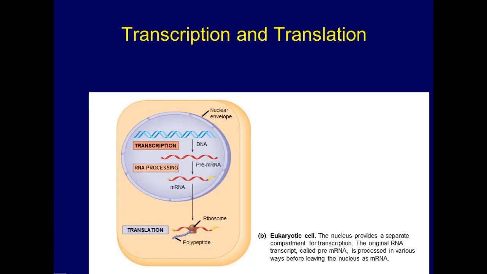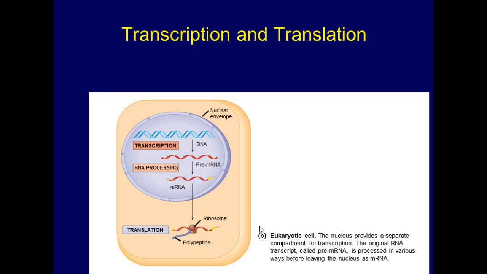Now, in contrast with prokaryotes, write in your notes that in a eukaryotic cell, the nuclear envelope, and we mean the surrounding membrane, the nuclear membrane, separates transcription from translation. And then extensive RNA processing occurs in the nucleus. In other words, the nucleus provides a separate compartment for transcription that is missing from prokaryotes.